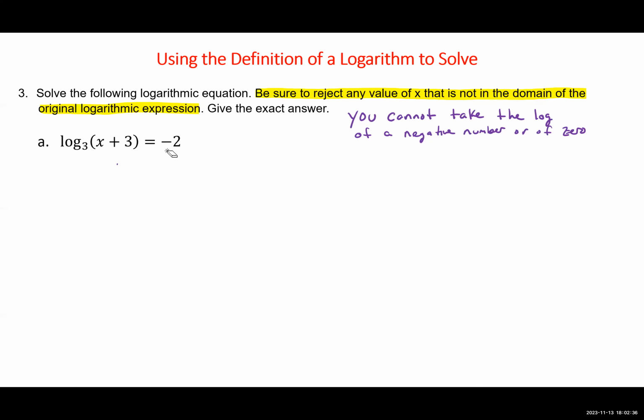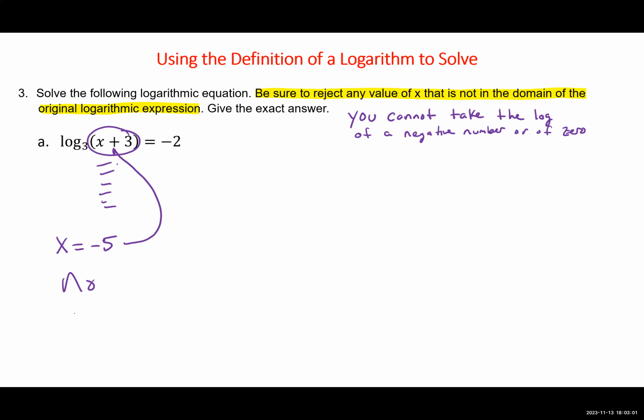So if we work through this problem, go through some steps, and get x equals negative 5, well, I don't think that's the answer we're going to get, but if we did get negative 5, if you plug a negative 5 in for x, that gives you a negative in here.